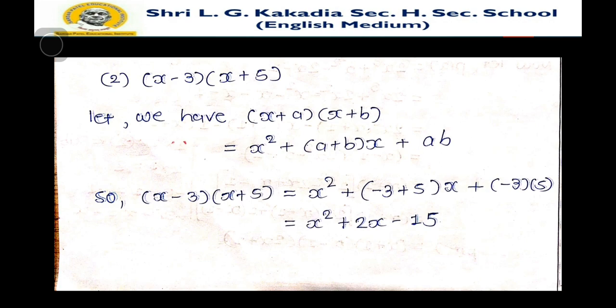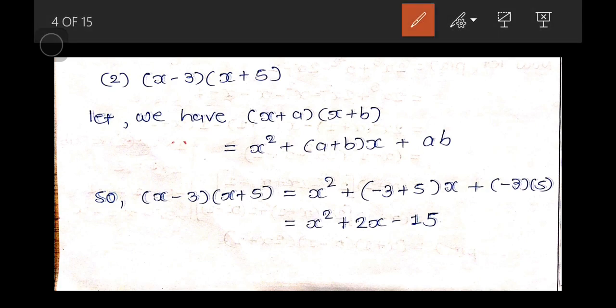Now another product is given here. The second product is x minus 3 into x plus 5. Here you can see that the first terms in both brackets are the same, x, but the second terms, the constant terms, are not the same, that is minus 3 and plus 5.